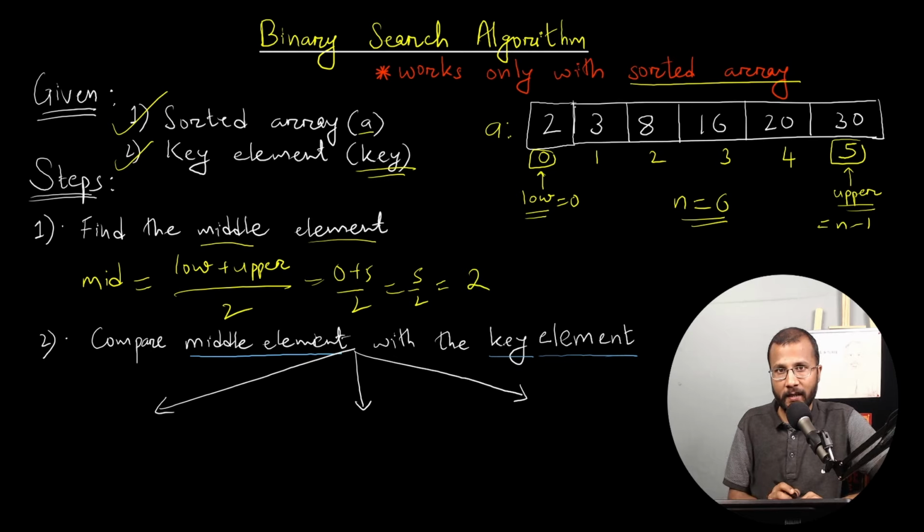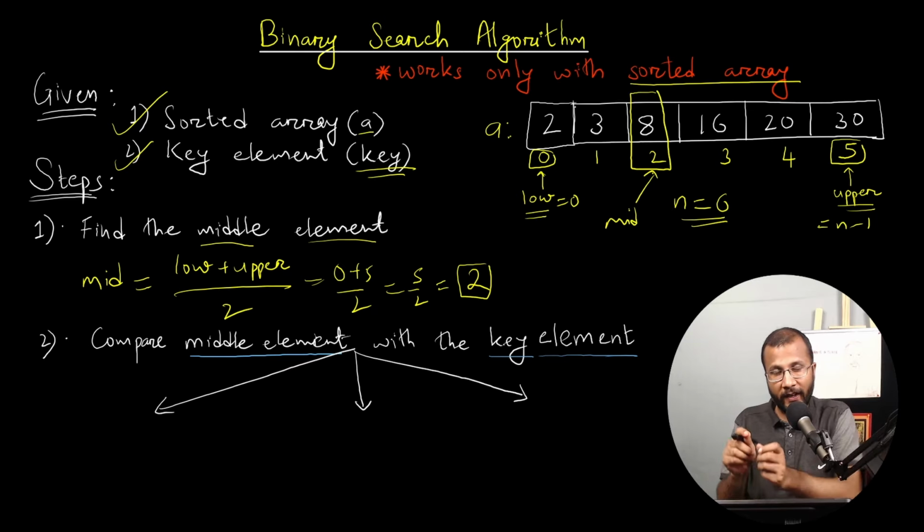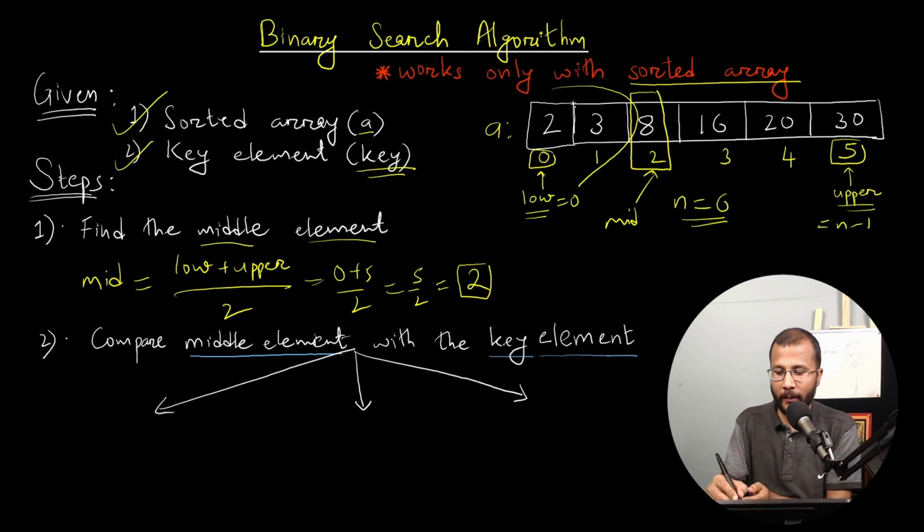We are doing integer division, so we write the answer as 2. So index 2 is the middle index, this is mid, and 8 is my middle element. So the first thing is I need to find the middle element. I'm dividing the array into approximately two equal parts. In the left hand part there are 2 elements, and in the right hand part there are 3 elements.